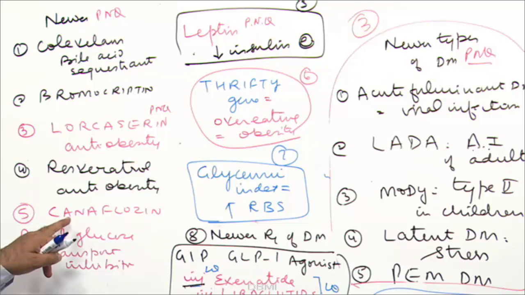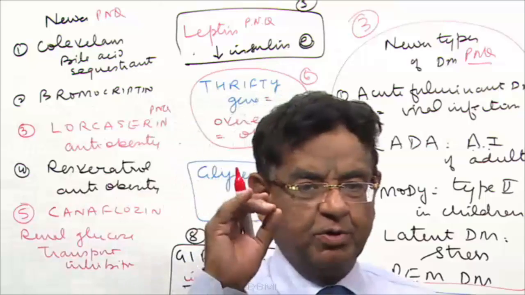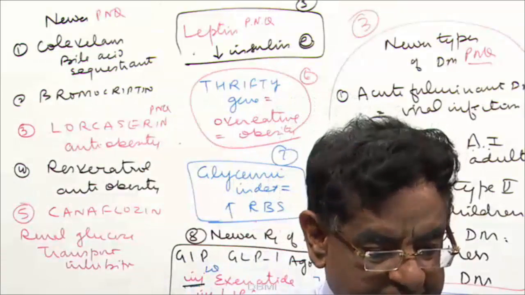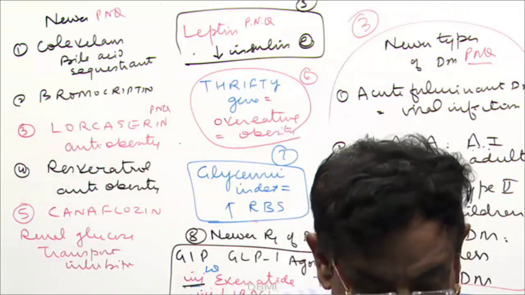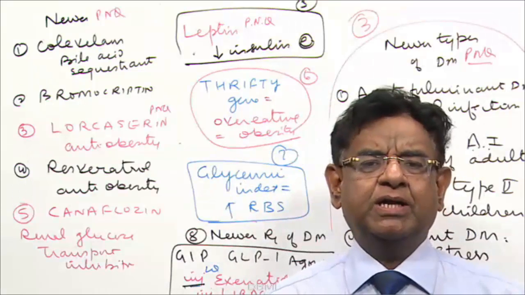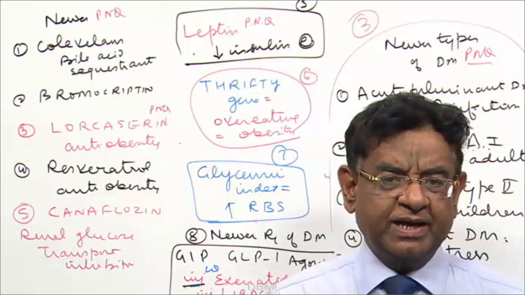It is beyond Harrison, but this drug has been launched in the Indian market, so you will not get it in any book, even Harrison, and in pharmacology books also you will not get canagliflozin.